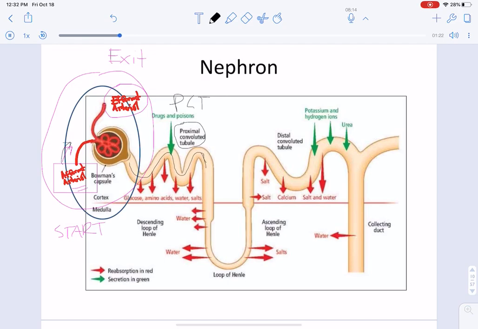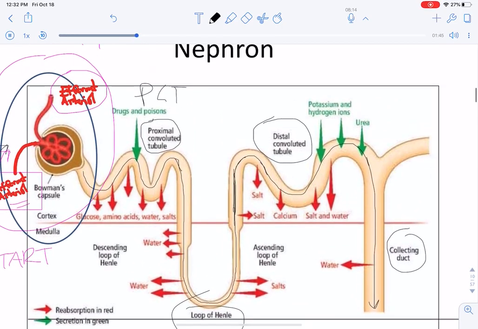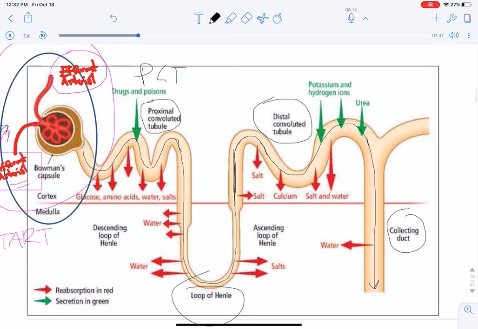Then you go downward to the nephron loop, or the loop of Henle. That goes back up towards the distal convoluted tubule, which goes to the collecting duct. The collecting duct goes down through the kidney and dumps into the renal hilus, which then dumps into the ureters.